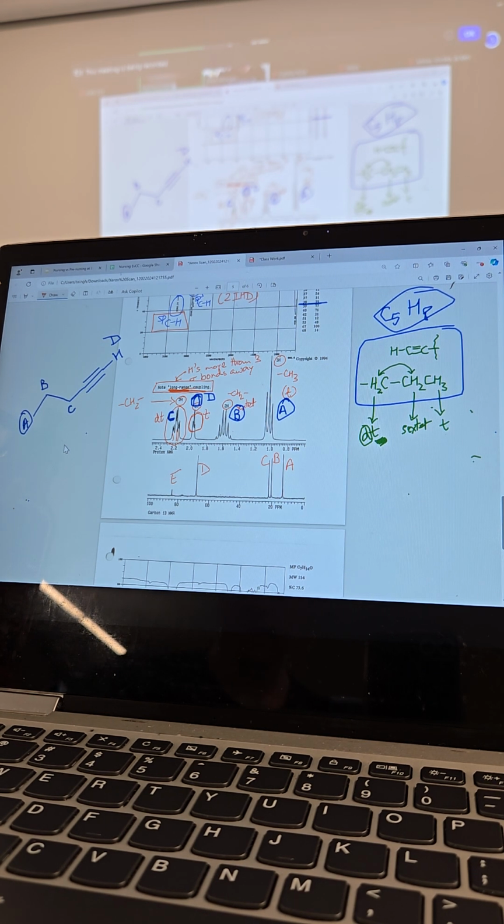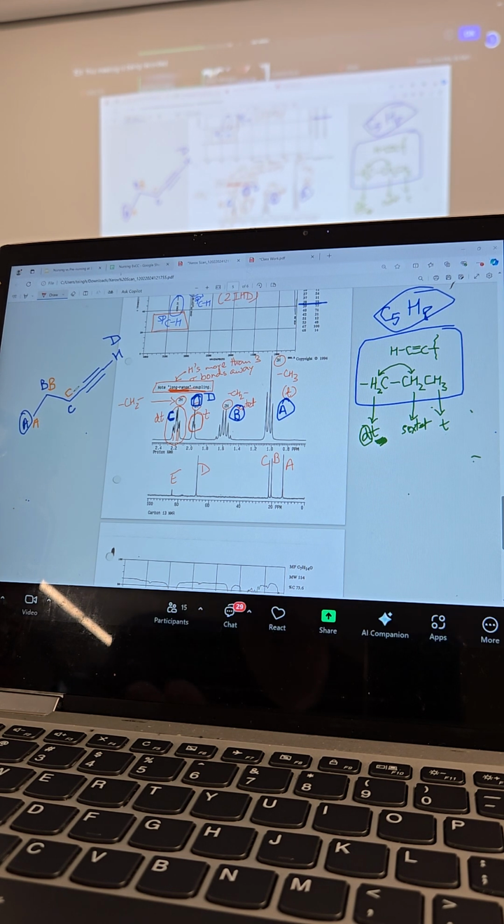That's my carbon B. That's my carbon C. Which one will you say is D and which one would you say is E? Anybody? Which carbon of the alkyne, in your opinion, is D and which one of the carbons of the alkyne is E?